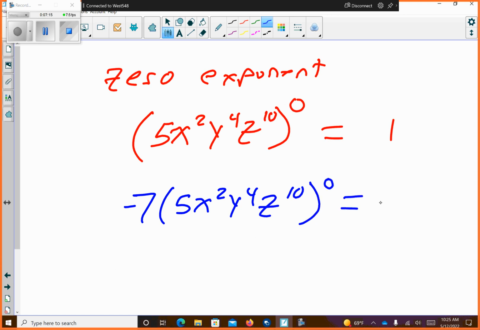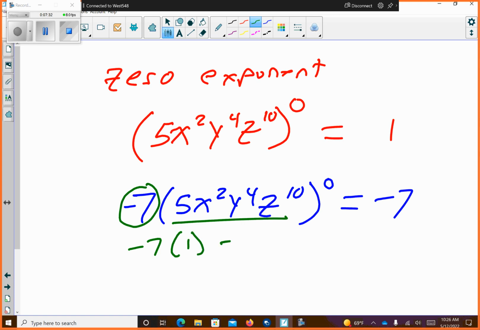What is this answer going to be? -7. Why is it -7 and not 1? Yeah, this here does not have the exponent. Okay, so that -7 comes down, and then this whole thing right here becomes 1, so you have to recognize that.